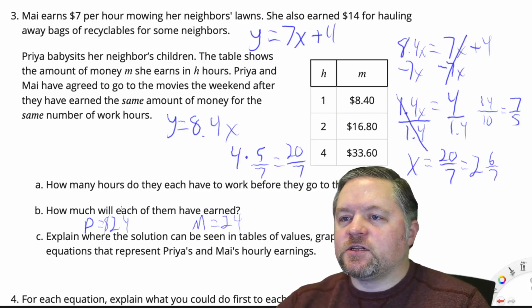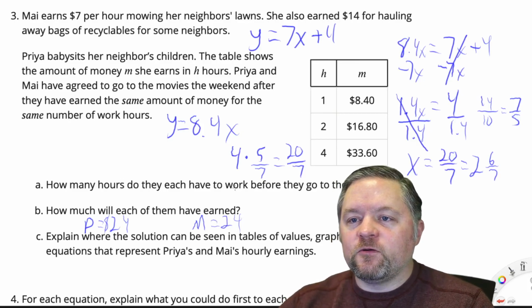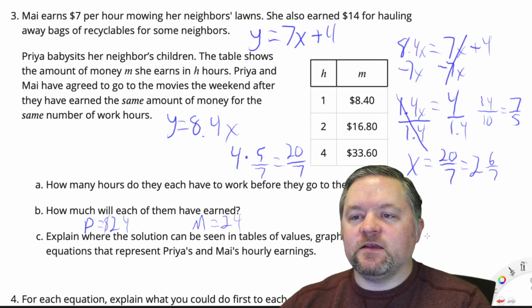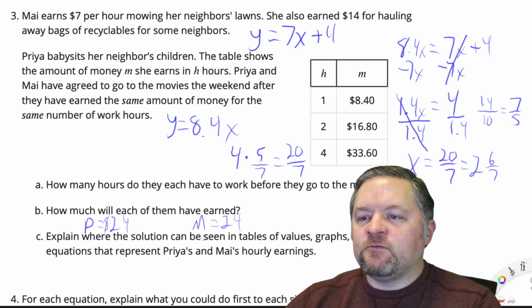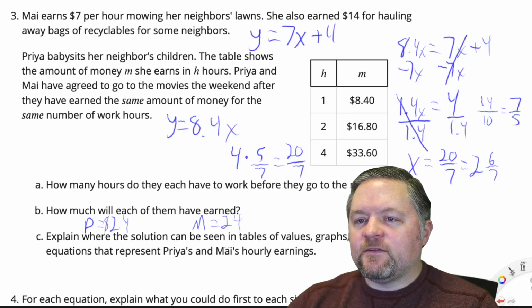So the reason I wanted to check both of them, we found the point where it was true for both of them, but by plugging it into both of them, we proved that we solved this correctly. Explain where the solution can be seen in a table of values, graphs, and equations.